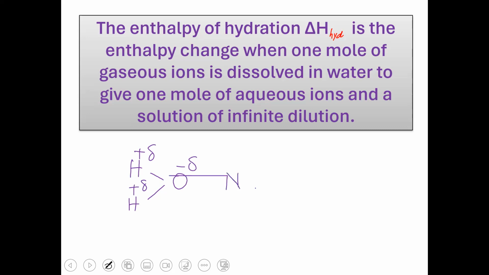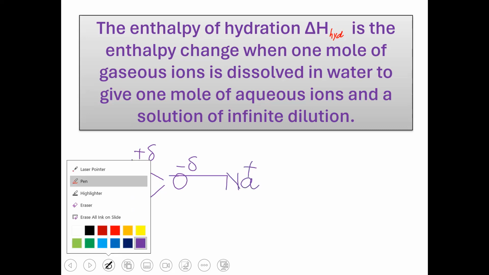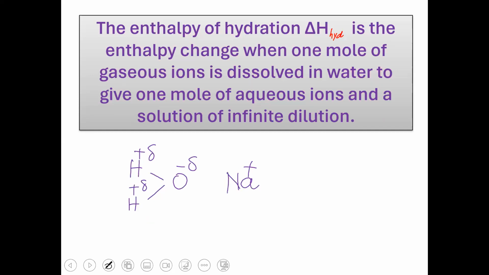If I put a sodium ion here, and again put two water molecules like this, now you can find a force of attraction here. Sodium will be surrounded by water molecules because sodium is a positive ion and water is a polar molecule.